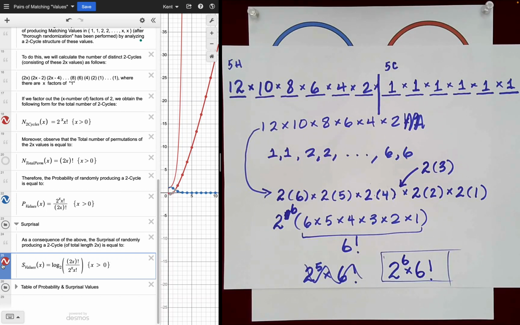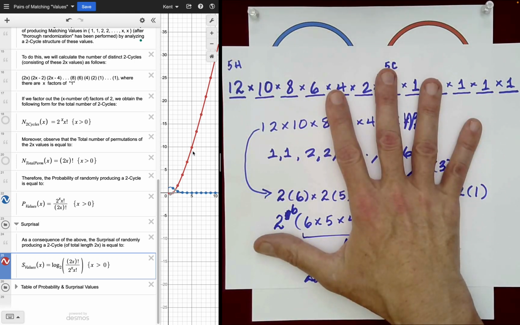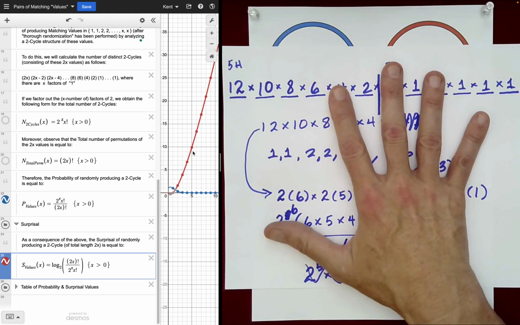So this red one, which is the one we have going up, that's shooting up over here. Let me turn off the other one from before. This is giving the surprisal values. Okay. Now from the graph, we could estimate what the surprisal value is for the opening performance, where we just mixed those cards and then were able to pair them up perfectly.